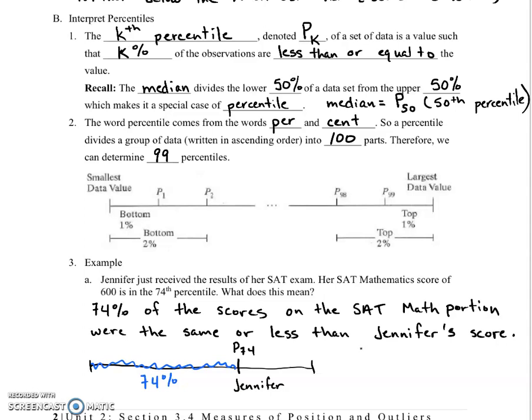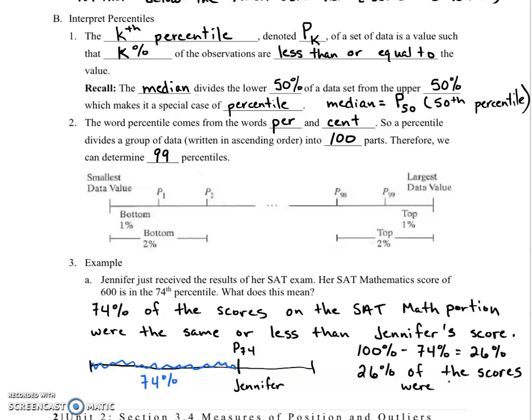That also means that 100 minus 74%, or 26%, of the scores were higher than Jennifer's. So that is the pink part.